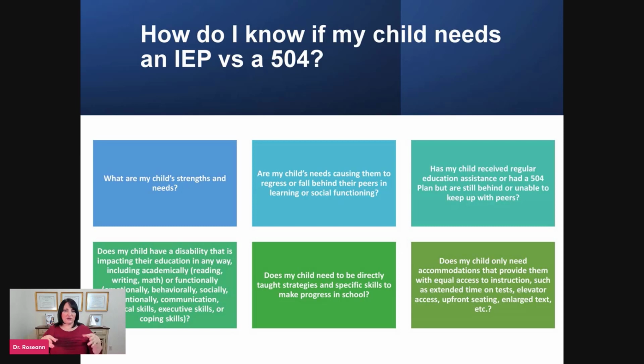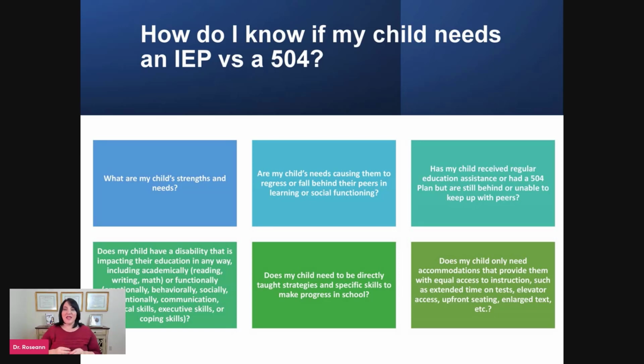Really get granular and list it out, their whole part, right? And then, are your child's issues, their needs, causing them to regress or fall behind their peers in learning or social functioning? School districts try to ignore social, except if you're on the spectrum.